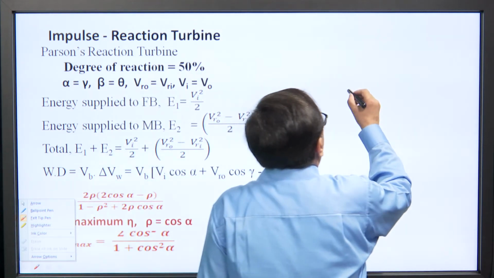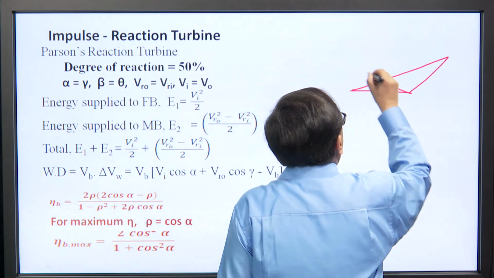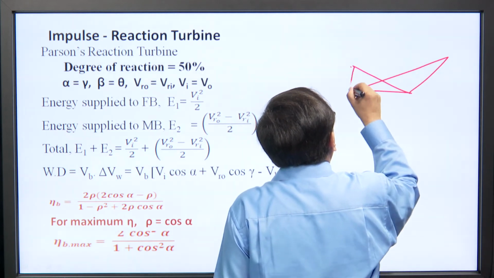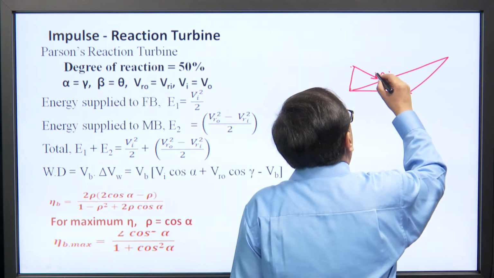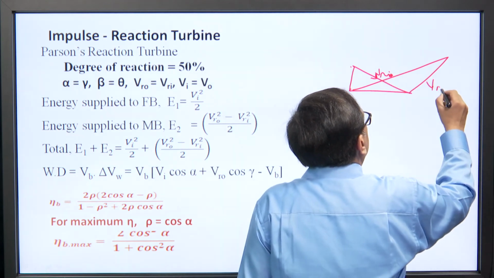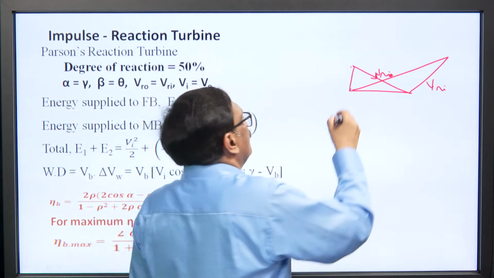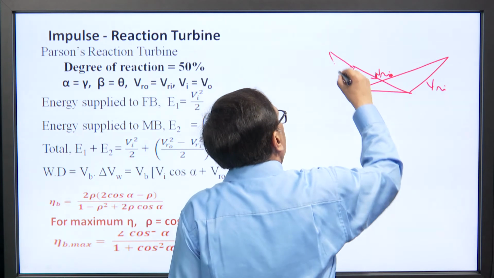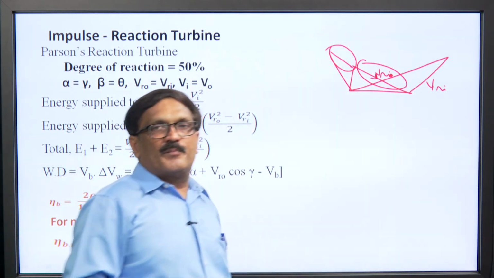So, here we can see, suppose this is the impulse turbine Vri. What is the pressure drop in the moving blade? It increases kinetic energy, meaning it increases Vro. This one is due to the reaction force and this one is due to the impulse force.